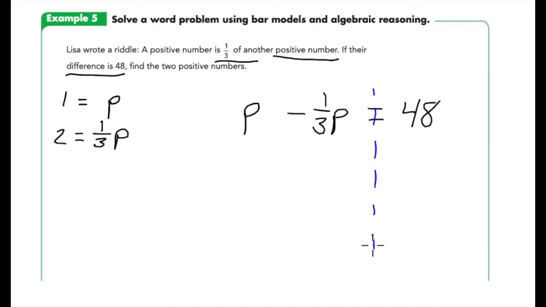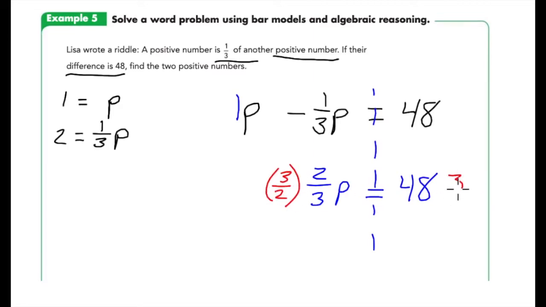I'm going to split it up. I'll make this a 1p. 1p minus 1/3 p is 2/3 p, which is equal to 48. To solve for p, I'm going to multiply both sides by the reciprocal, which is 3/2. I'm just going to make this 48 over 1.